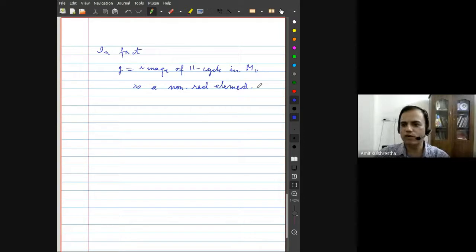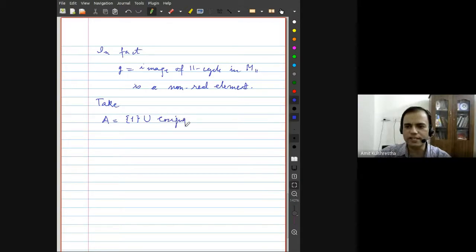And once we have all this, we are all set to establish that M11 is chiral. So how? And there I will be actually using Leibovitz's theorem that we saw last time. So I take the following subset of G. Of course, it contains the identity, and then it contains the conjugacy class of this 11-cycle g.